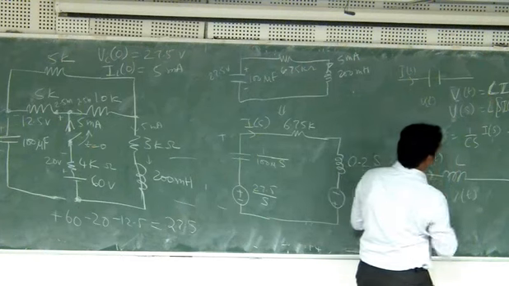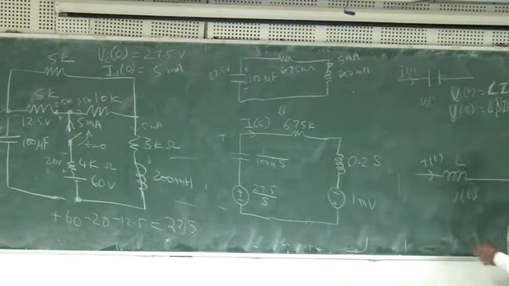Then I think I can stop here itself. So total voltage is, yeah, there won't be any S there. I don't have to put any S there. So Ls into I of S minus L into I of 0. Okay.